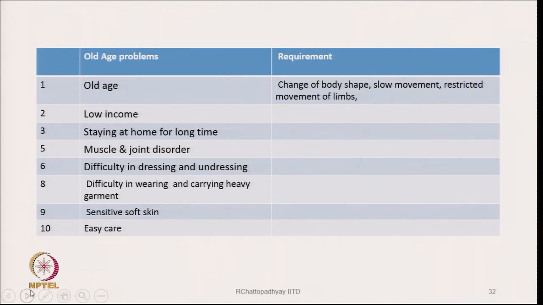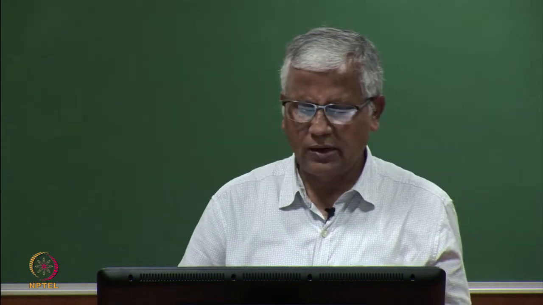The extent of stretch that a normal person can go for is not possible for them. They will not be able to lift the hand to the extent that a younger man can, and similarly it could be hands, legs, arms, whatever it is, all movements get restricted.